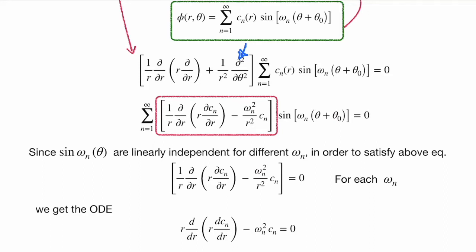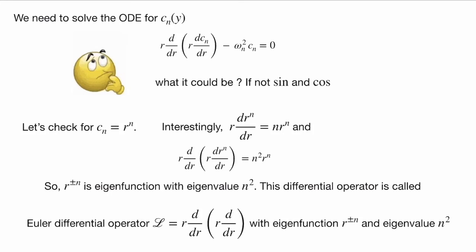Now we can write this as an ODE instead of a partial differential equation. The resulting ODE, after making suitable adjustments, is r into d by dr of r into dcn by dr, minus omega n square cn is equal to 0. Now our goal is to solve this differential equation and obtain a solution for cn of r.